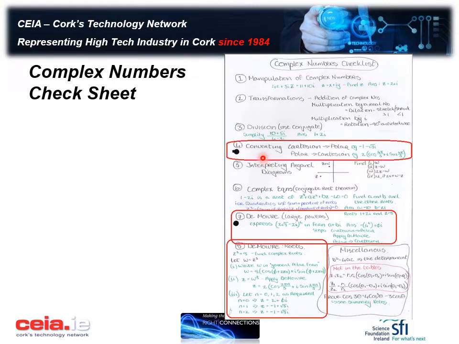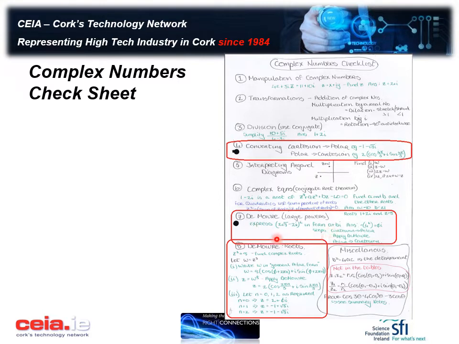First and foremost, it is essential that we be able to do conversion from the Cartesian form of complex numbers to the polar form, and from the polar form to Cartesian form. And there are some samples in the check sheet that we can use to test ourselves. Following on from that, we need to be able to use the Moivre to solve large powers problems.